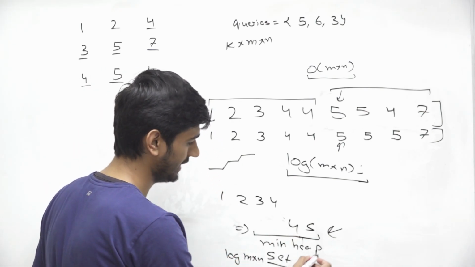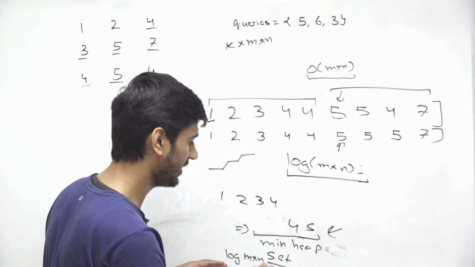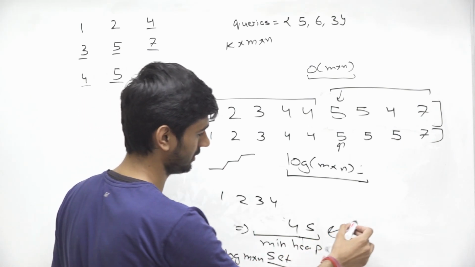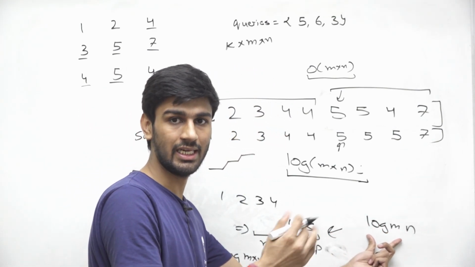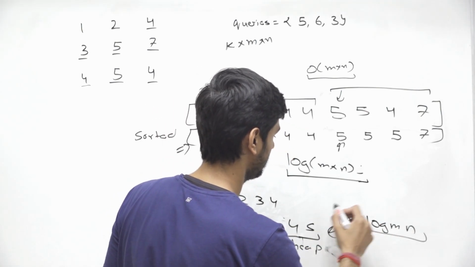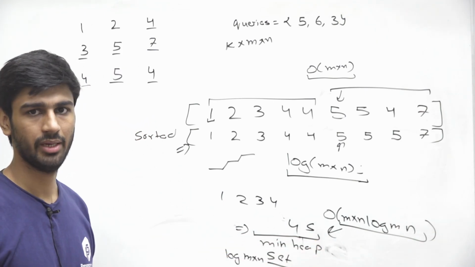And in a heap, insertion will take the same log time, but for deletion it will take order of n time, right? So whatever we use, in the worst case every operation will take log of m into n, and we will do insertion and deletion at most m into n number of times, so the overall time complexity will be this. Okay, cool. And the space complexity will also be the same, m into n.